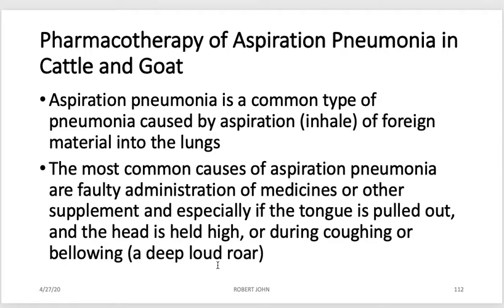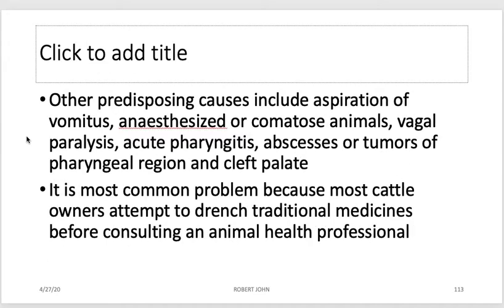Akatoa mlio mkubwa, then kabla hajatoa ule mlio mkubwa huwa anavuta hewa ndani. Kwa kuwa anavuta, anaweza kuvuta some particles around ambazo zinaweza zikamsababishia pneumonia, vumbi na nini, dust and so forth, some speckles and some things around. Vikiingia kwenye njia ya hewa vinamsababishia hiyo pneumonia.